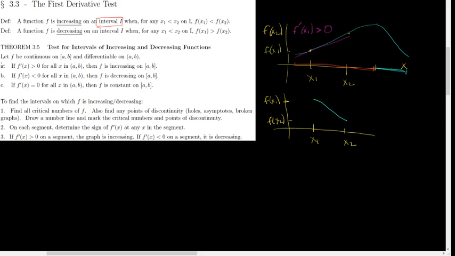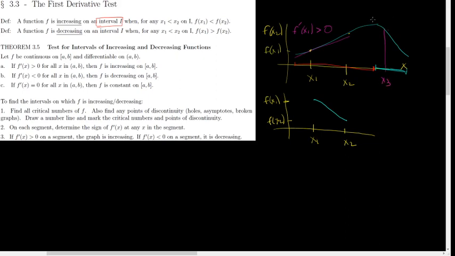And so that's this theorem here. If the derivative is positive, at least at a specific point or on a specific interval, then we can say the function is increasing on that interval. On the other hand, if we pick a point, say right here, this would be x3.